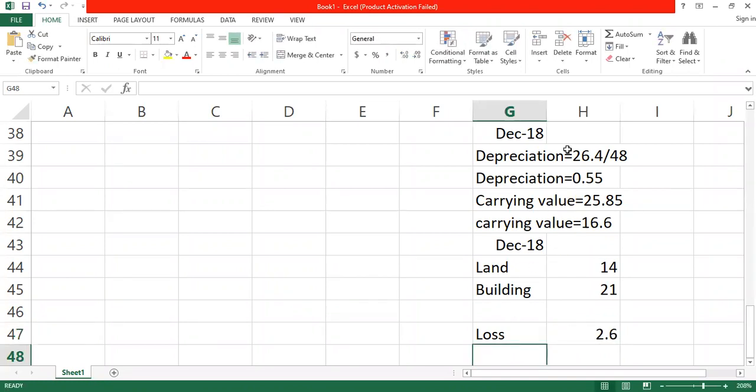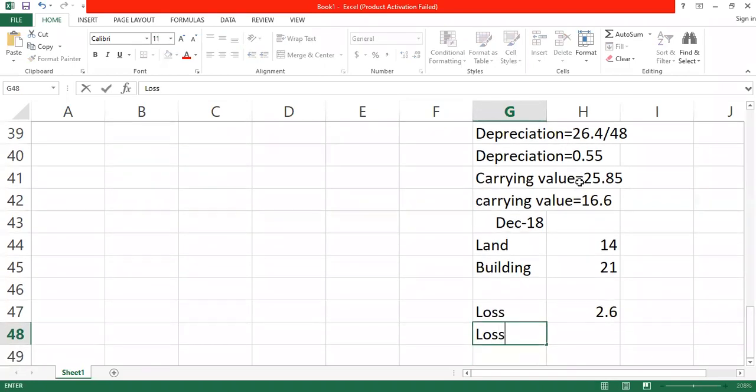Let's come to the building. What is the carrying value of the building as at December 2018? 21 is the revalued amount. The carrying amount is the 26.4 minus the 0.55. Is it 25.85? Yes. So that should be the current amount, but they are now saying that it's 21.